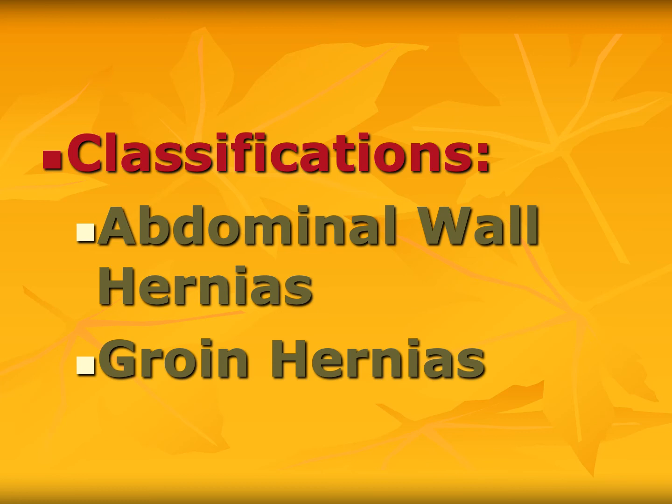Now, abdominal hernias are classified as either abdominal wall hernias or groin hernias. Abdominal wall hernias include umbilical hernias, epigastric hernias, and ventral hernias that are also known as incisional hernias. An umbilical hernia is defined as a protrusion through the umbilical ring.